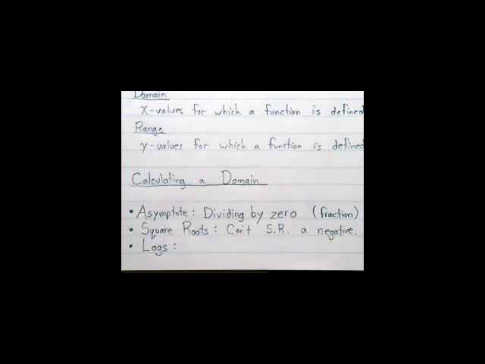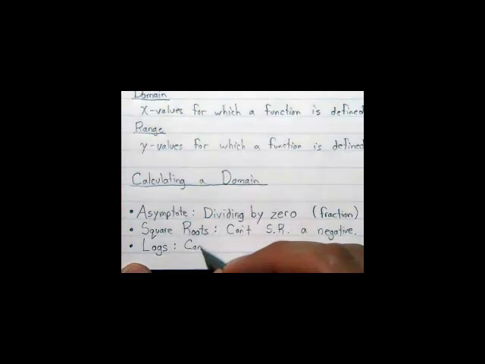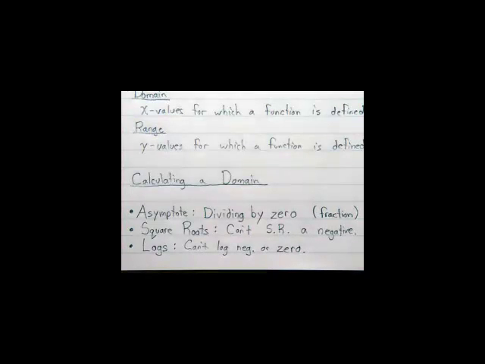Only positive numbers. Yeah, it's very similar to the square root situation, except 0 is not in play for a log, right? You can't do the log of a 0. You can do a square root of 0, though. So you can't log negatives or 0.